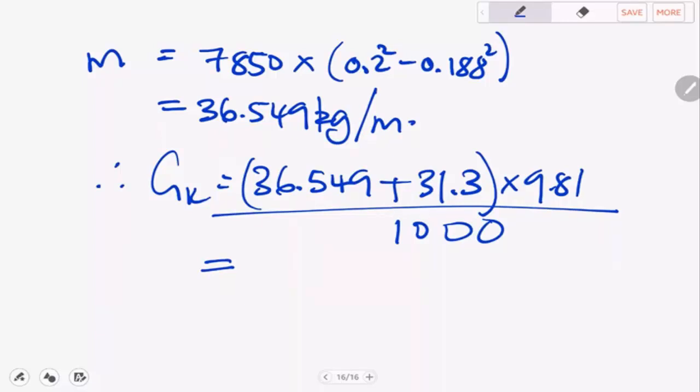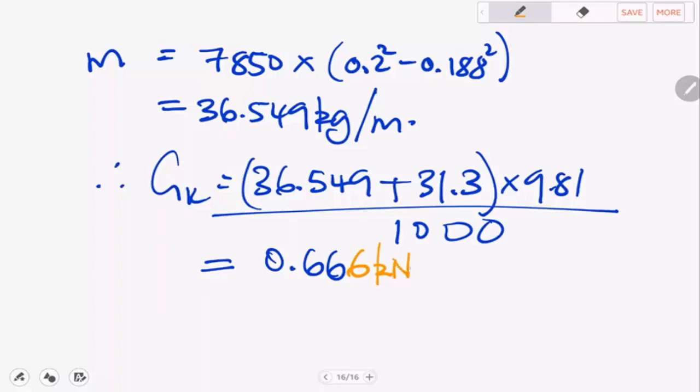If we say 36.54 plus 31.3 times 9.81 divided by 1,000, we get 0.666.